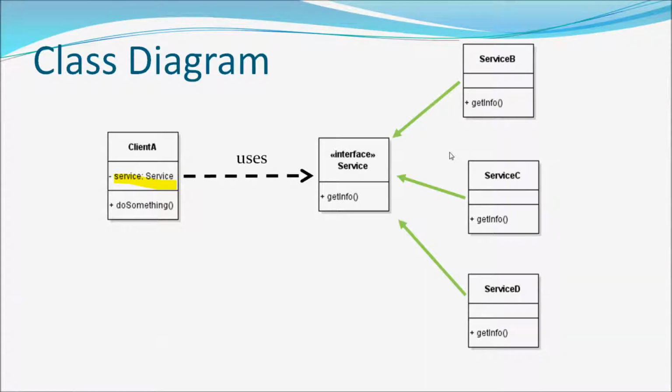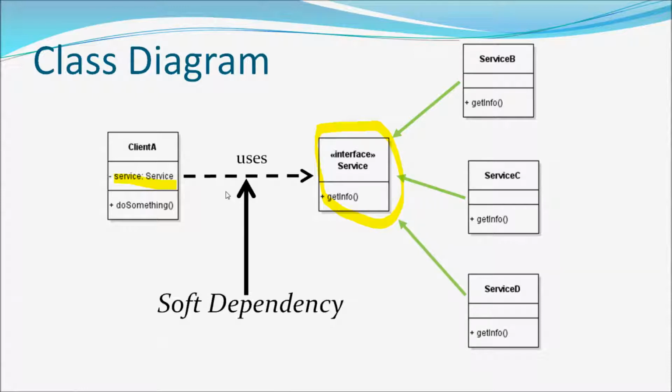The ClientA class uses the Service interface. It doesn't care about the actual implementation. It cares only about the interface and works with any implementation of a Service interface. You see here, so this is called soft dependencies.